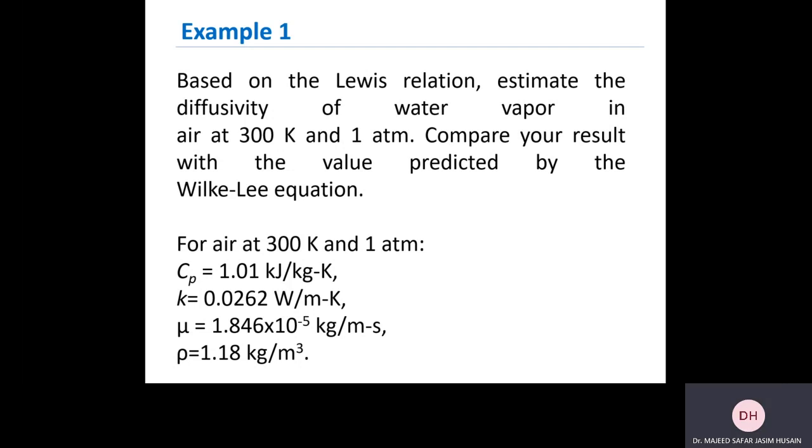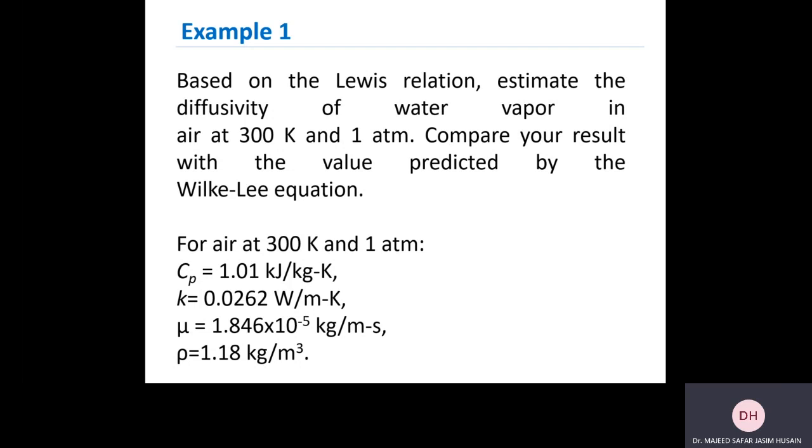I have also given you all of the physical properties. For air at 300 Kelvin and 1 atmosphere, all of these physical properties like Cp, specific heat, thermal conductivity, viscosity, and rho are given to you.